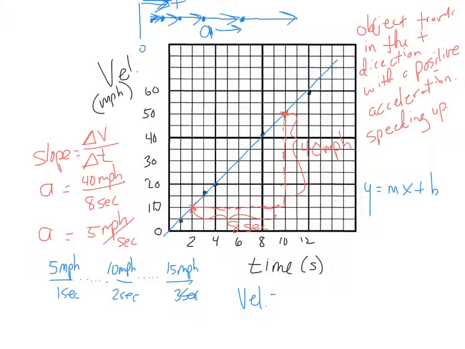Velocity equals, and what's my slope? Well, we found that over here. So my m is my slope. That's 5 miles per hour for every second. I'll put that in parentheses. And then beside that, again, we have the x variable, which is time. So that's the slope times time plus, and what do we have for a y-intercept?